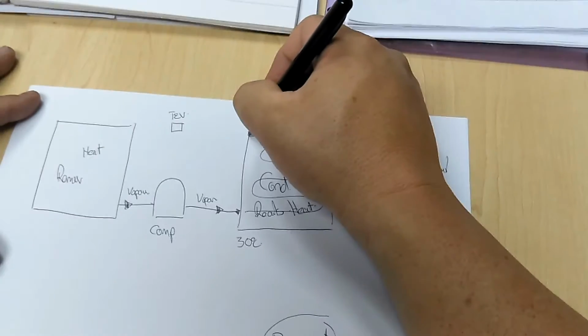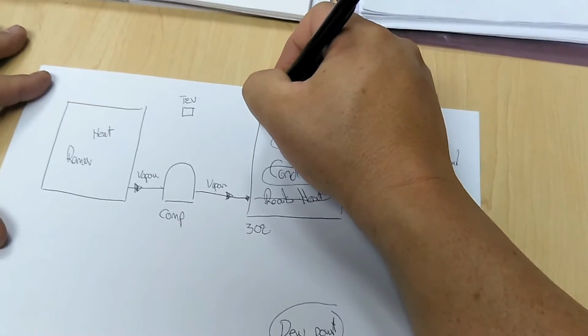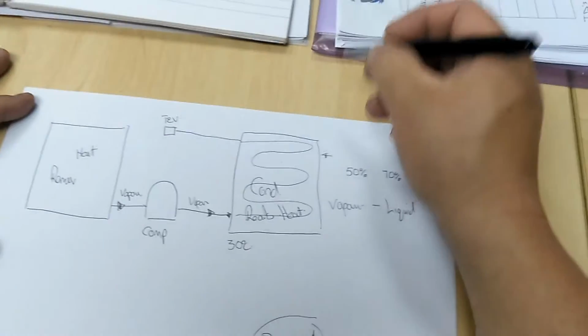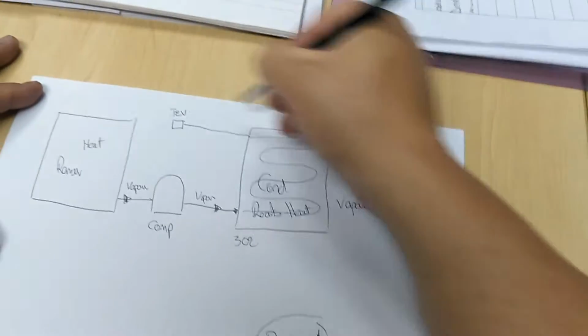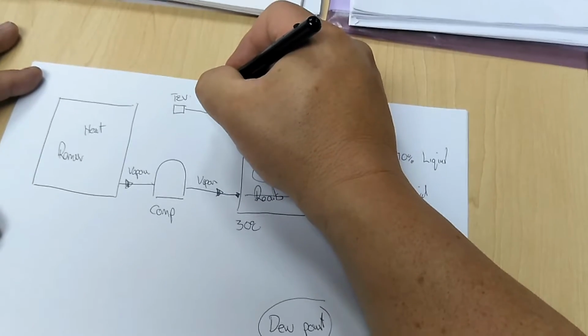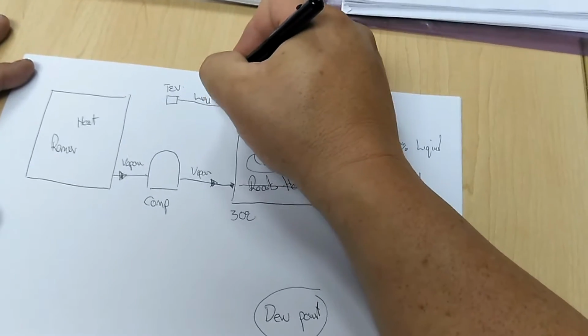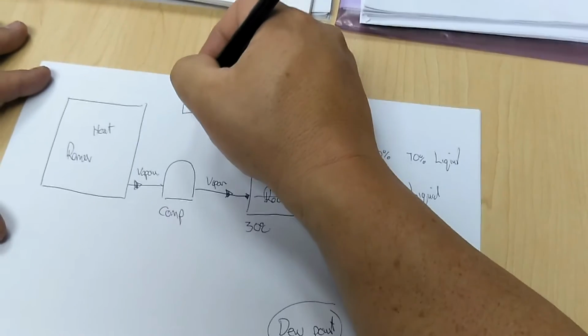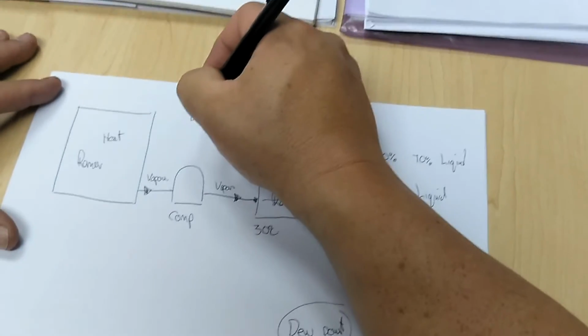Once we have liquid exiting the condenser into the TEV, so between our condenser and our TEV, we have a liquid. The liquid passes through the TEV, through the orifice.